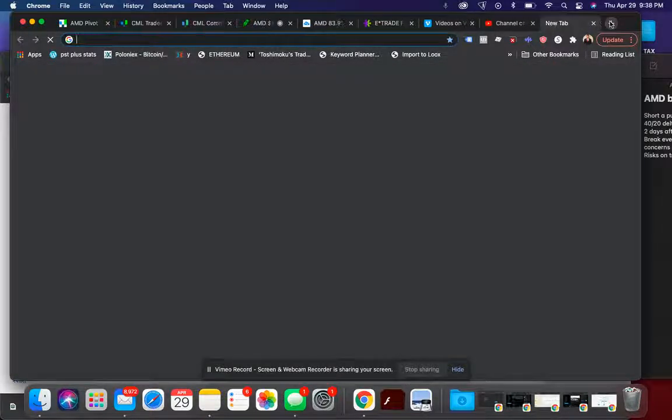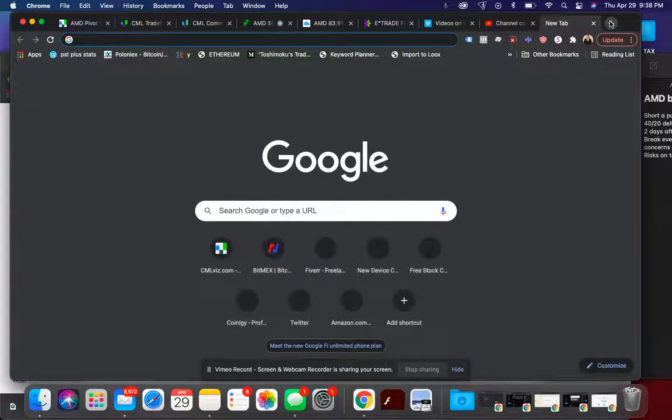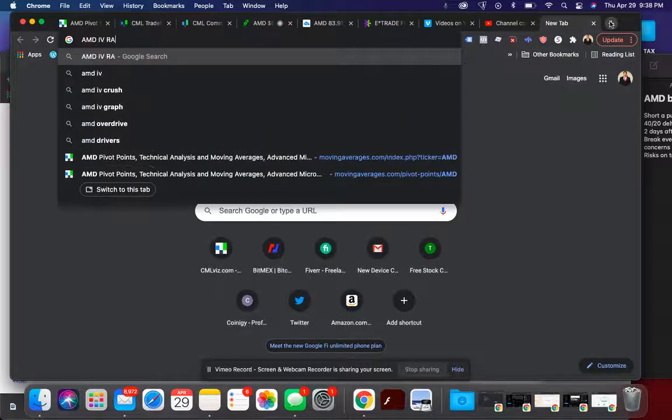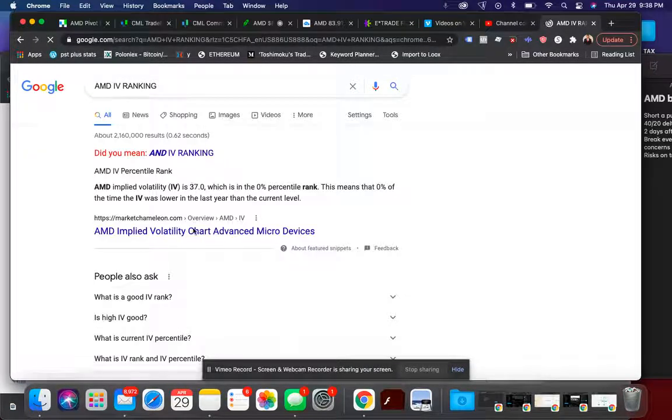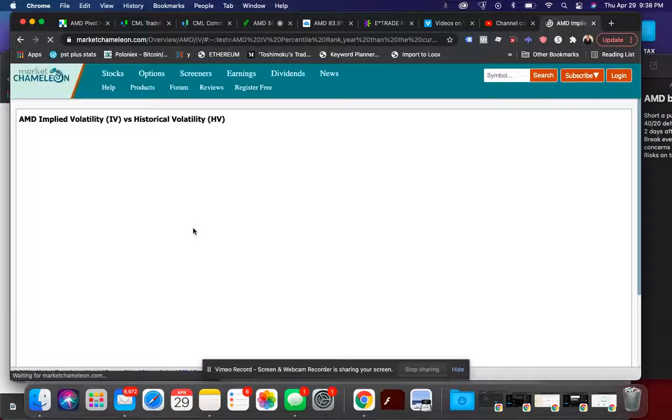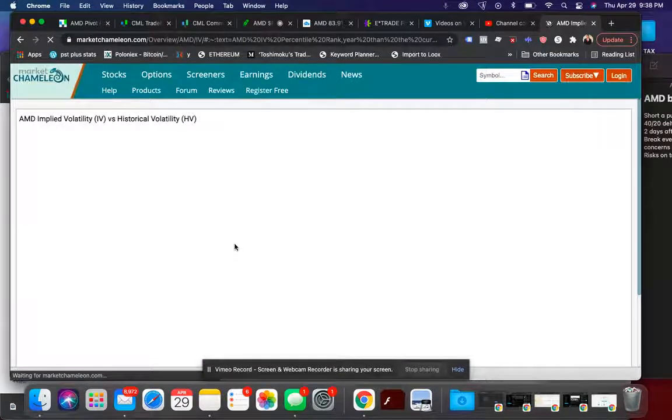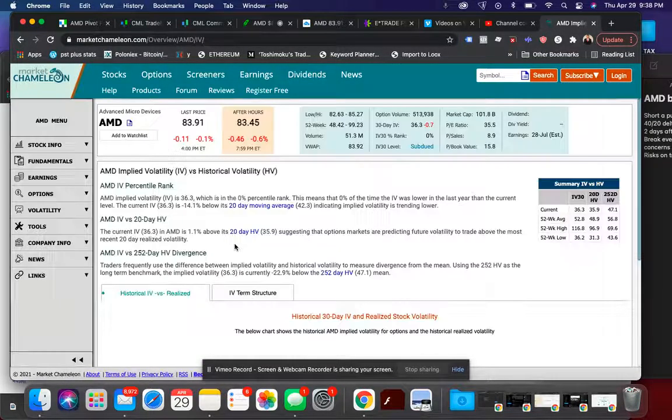Let's look at our implied volatility in AMD, the IV rank. There's something called Market Chameleon that's going to pop up. Click on Market Chameleon. Let's see what our IV rank is.